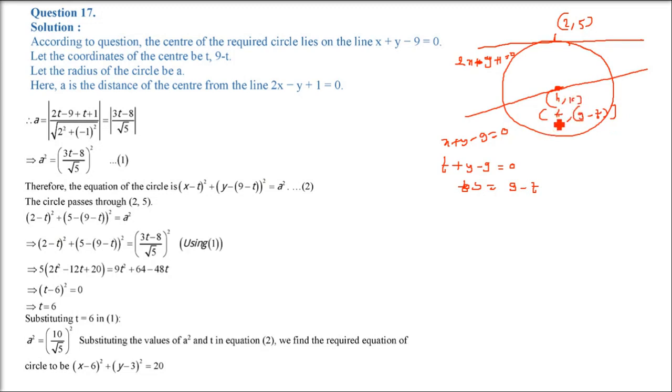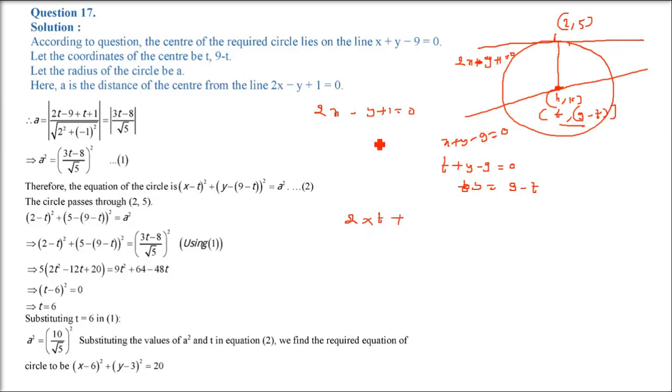This is clear. So what we will do here is take the distance from t, 9 minus t to 2, 5, and call it radius square. Also, we'll drop a perpendicular from t, 9 minus t to this line 2x minus y plus 1 equals 0, and we will again say it is the radius.